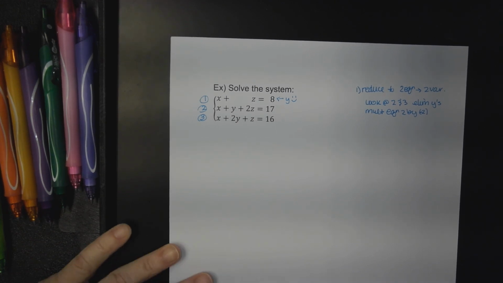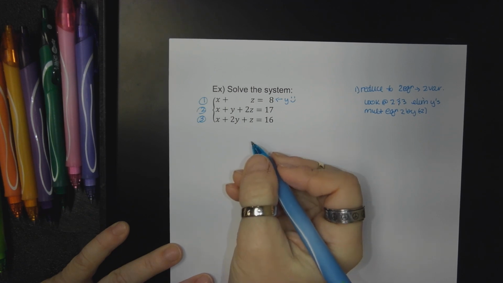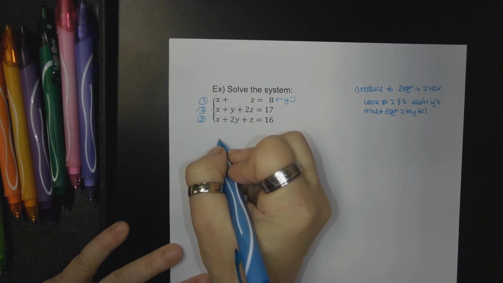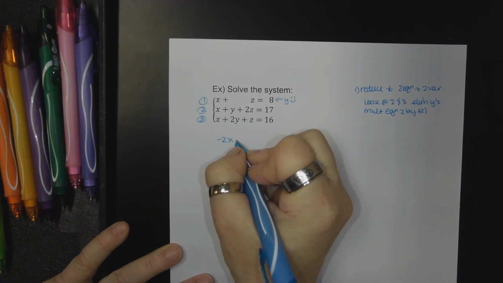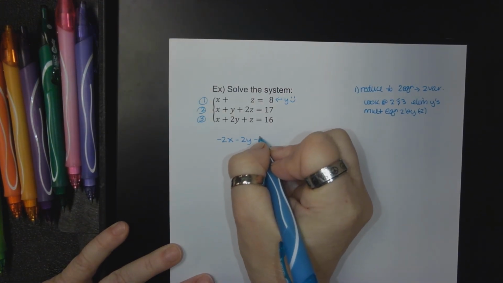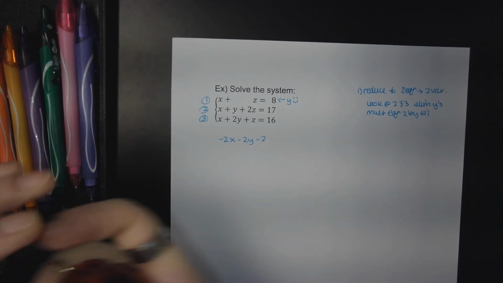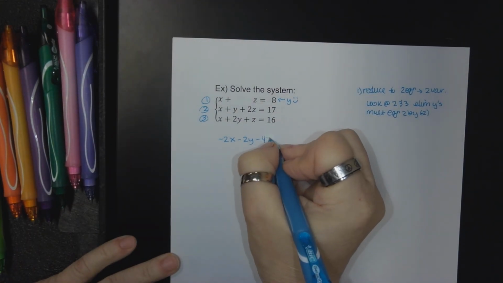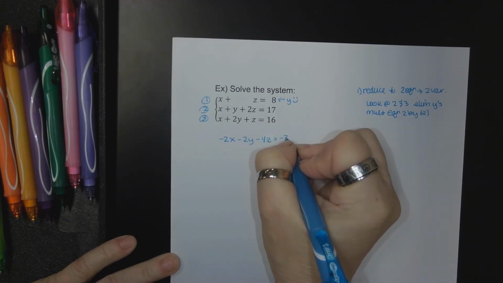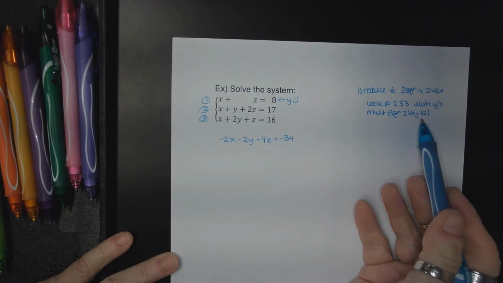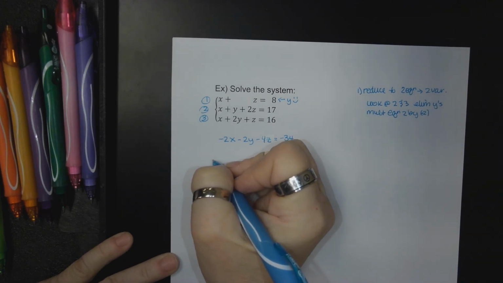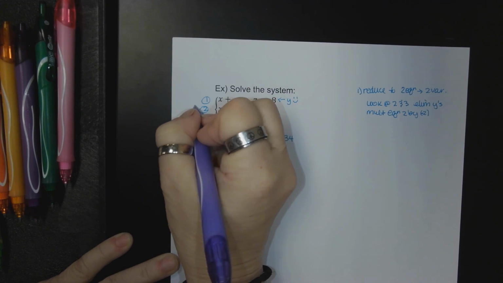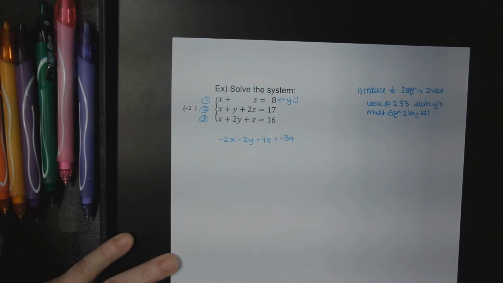Okay? So we're going to have -2x minus 2y minus 4z equals -34. So I took this guy multiplied by a -2 to get him, okay?